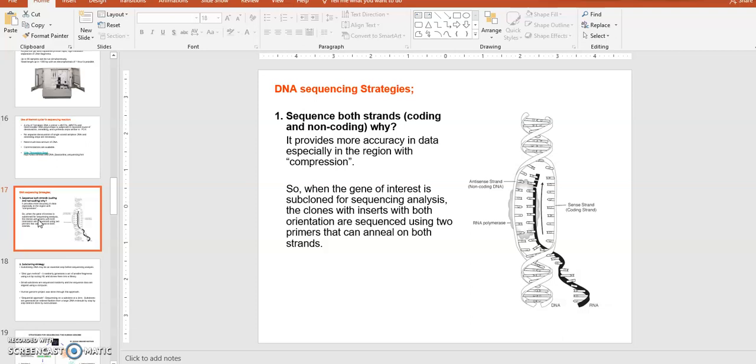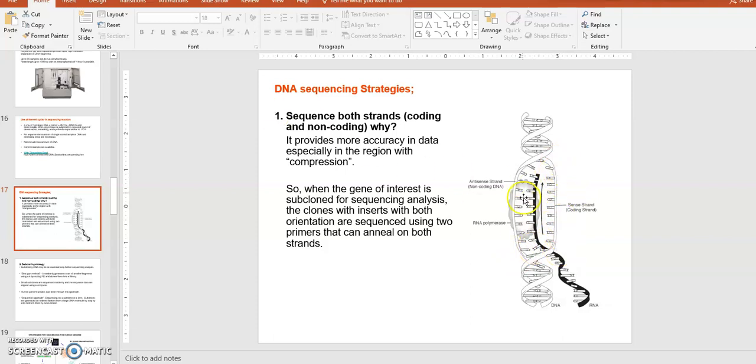DNA sequencing strategies. When you sequence out the nucleotide sequence of the DNA, let's say your gene is located in here in the double-strand DNA of the genome, do you sequence out one of the two strands? Because the other strand is complementary to whatever the sequence you're sequencing out, right? The answer is no. You have to sequence out both to make sure that this sequencing is matching to this complementarity, right?